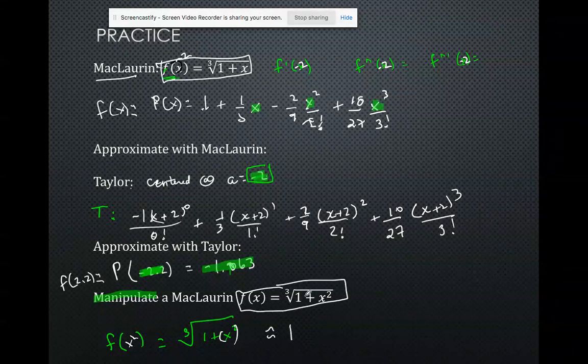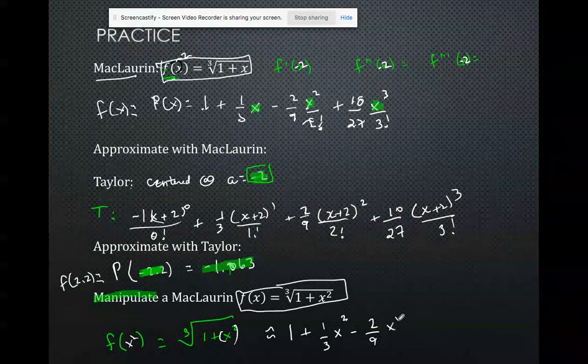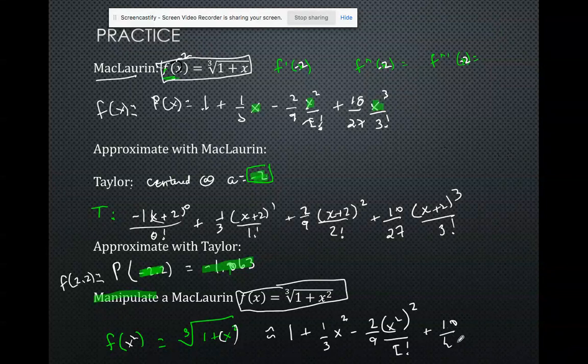One has no x, plus 1/3 x squared minus 2/9 x squared squared over 2 factorial plus 10 over 27 x squared cubed over 3 factorial. And I'm going to just leave that like it is.